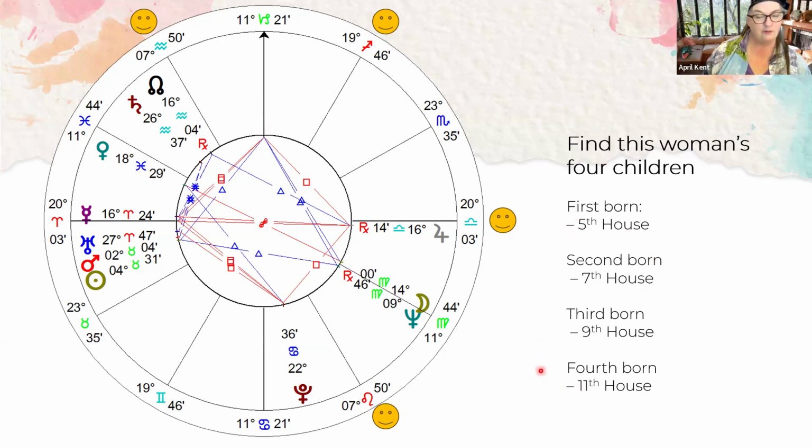And the fourth born is the crazy one who lives away from everybody else and is an astrologer, and that's me. So that's how this one worked. So you can see, in some cases, the signs are actually the same as the children, but not necessarily.